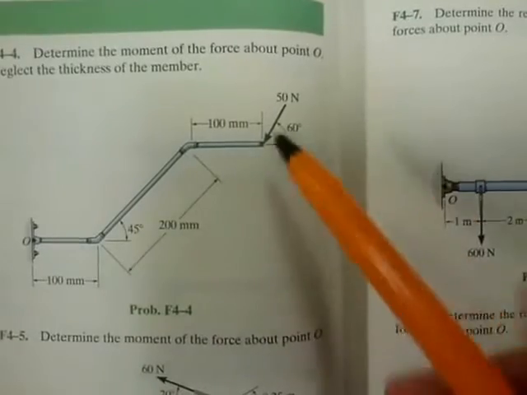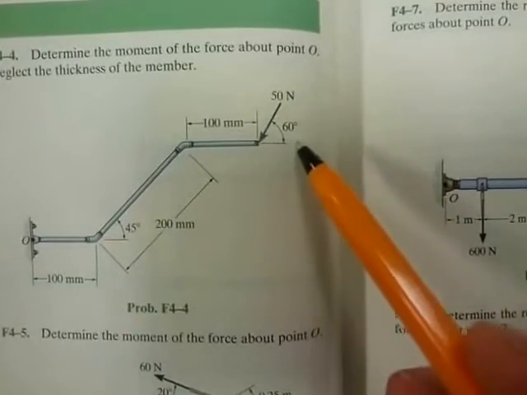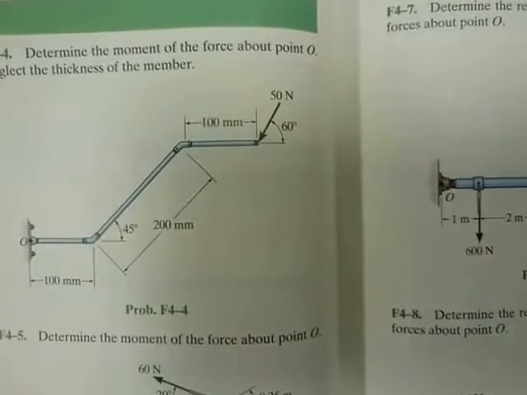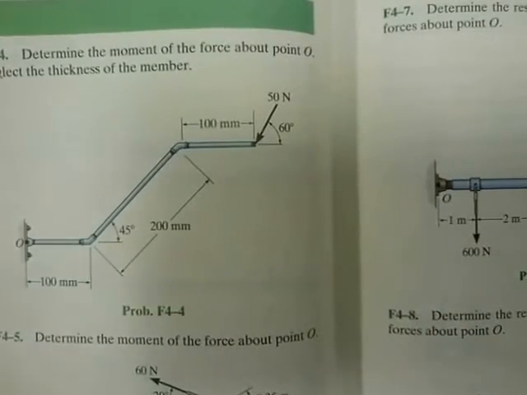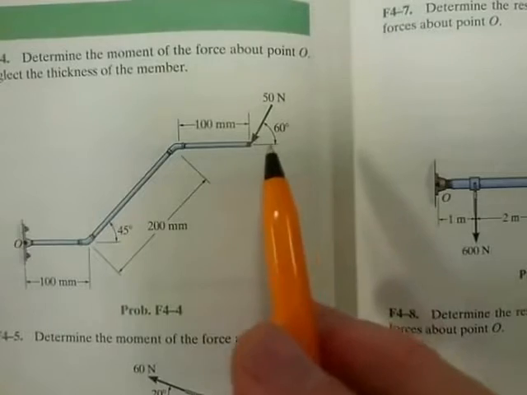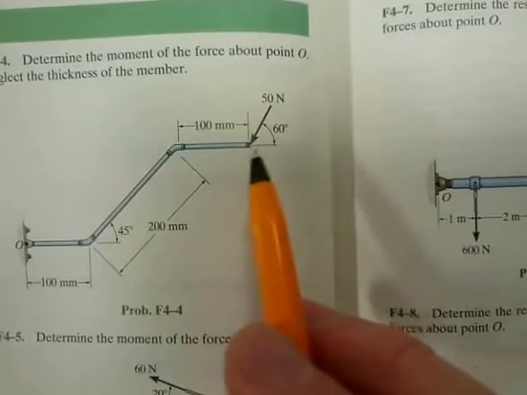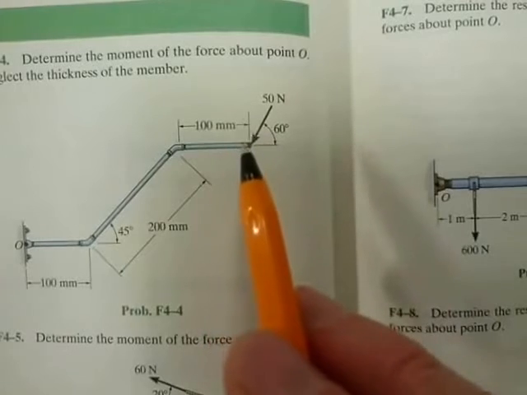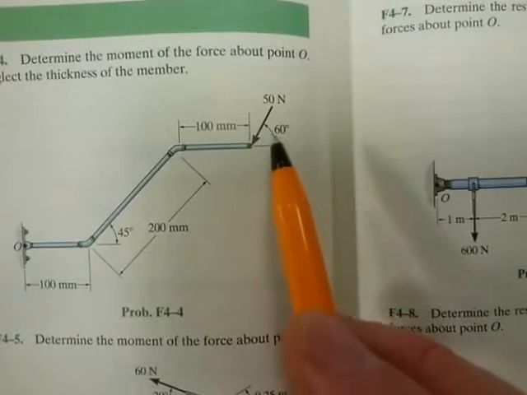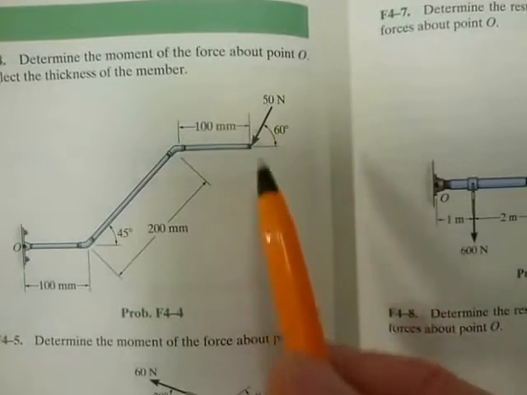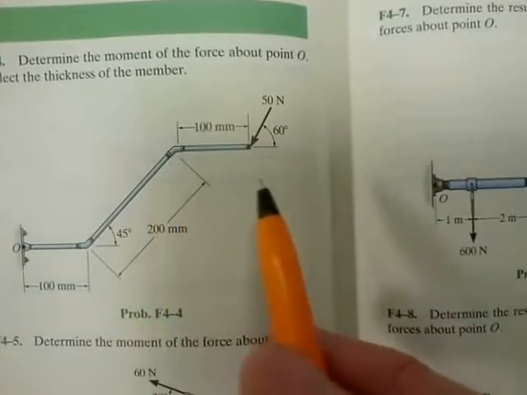Similarly, in this example here, we're going to break this up into its x and y. The one thing that I want to mention to you, which is very, very important, is you're going to get a component here in the x direction and a component in the y direction. Don't get confused between making this a minus component and that a minus, because they're going in the minus y and minus x.